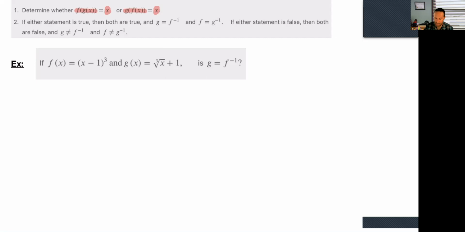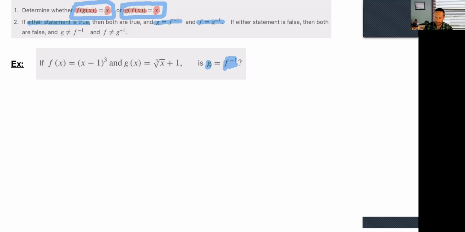So this definition up here states that if either of those statements is true, f of g or g of f, then both should be true. So if we want to see if g is equal to the inverse of f, then what are we going to be doing?